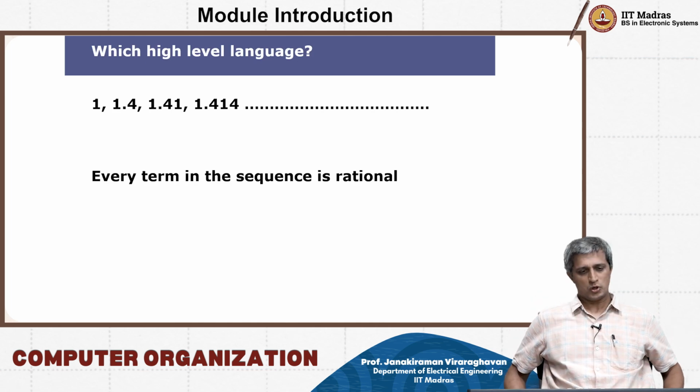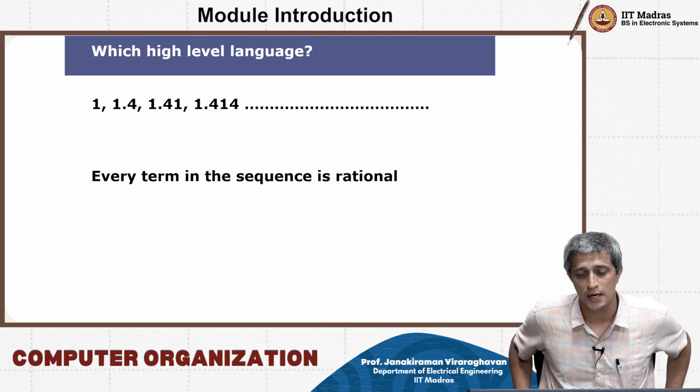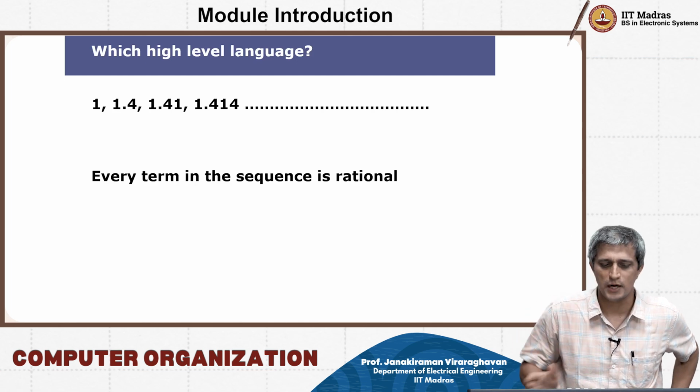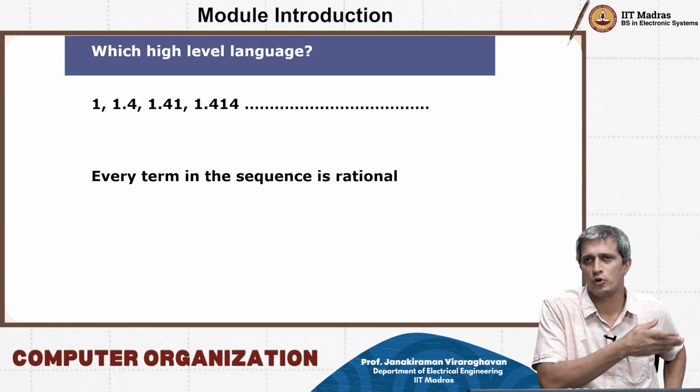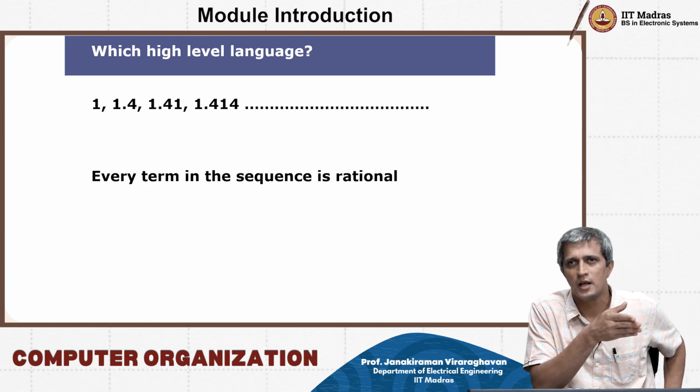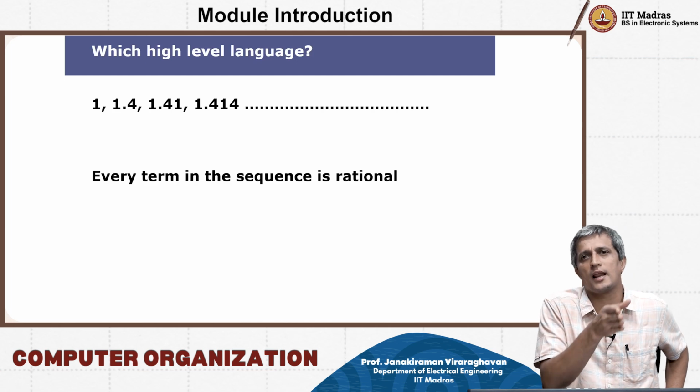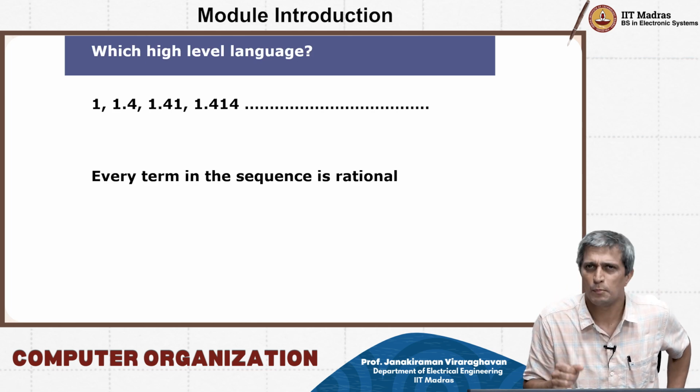So which high level language? What is shown here is basically what in mathematics they call a sequence. If you look at this, 1, 1.4, 1.41, 1.414, it's a sequence of numbers. Each number is greater than the previous number by some amount.